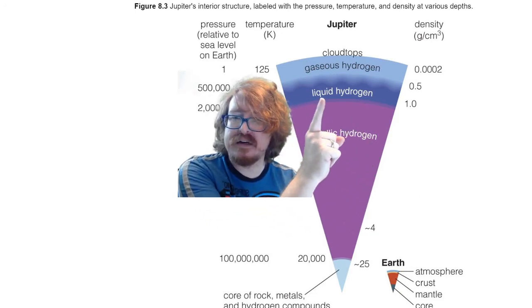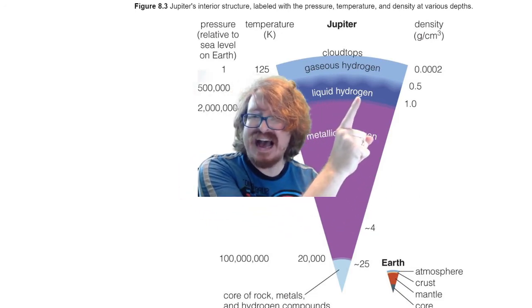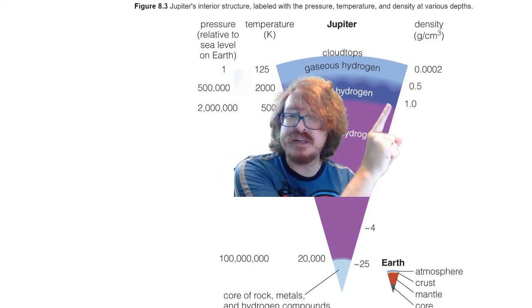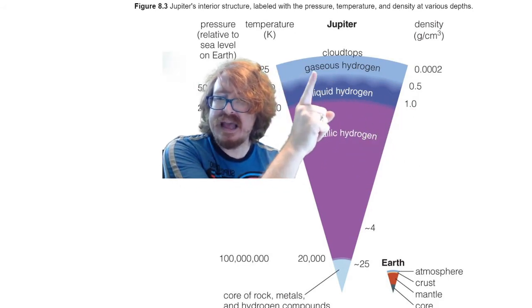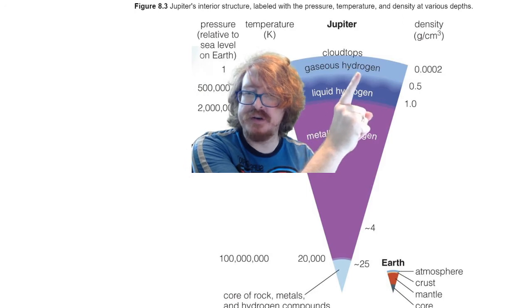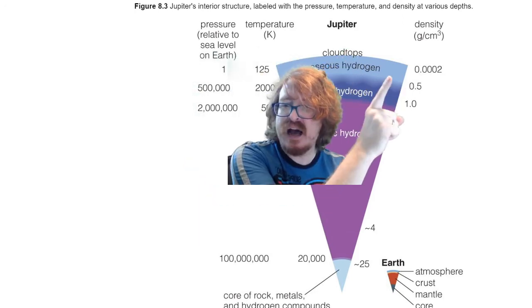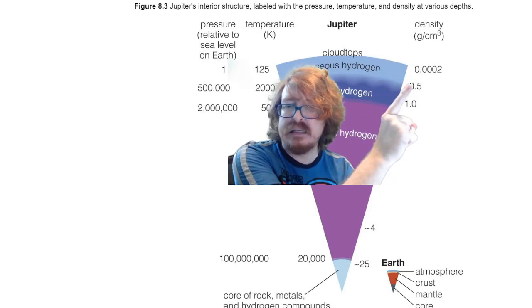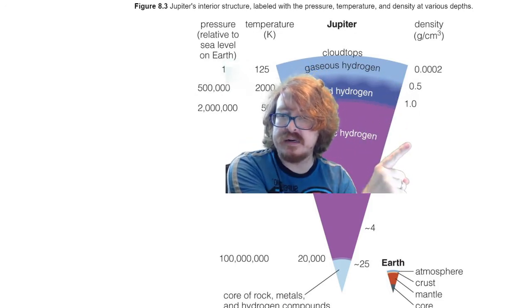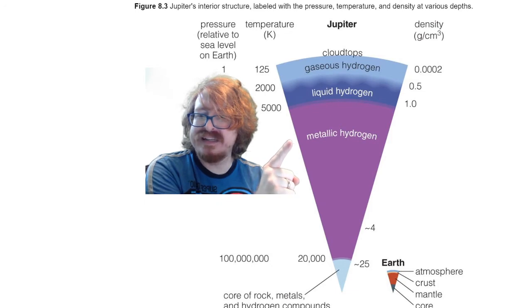And then right here, this should say liquid hydrogen and helium, and then gaseous hydrogen and helium. So for all of these, I want you to add and helium to these three layers, and for this one, add the word liquid in front of it.